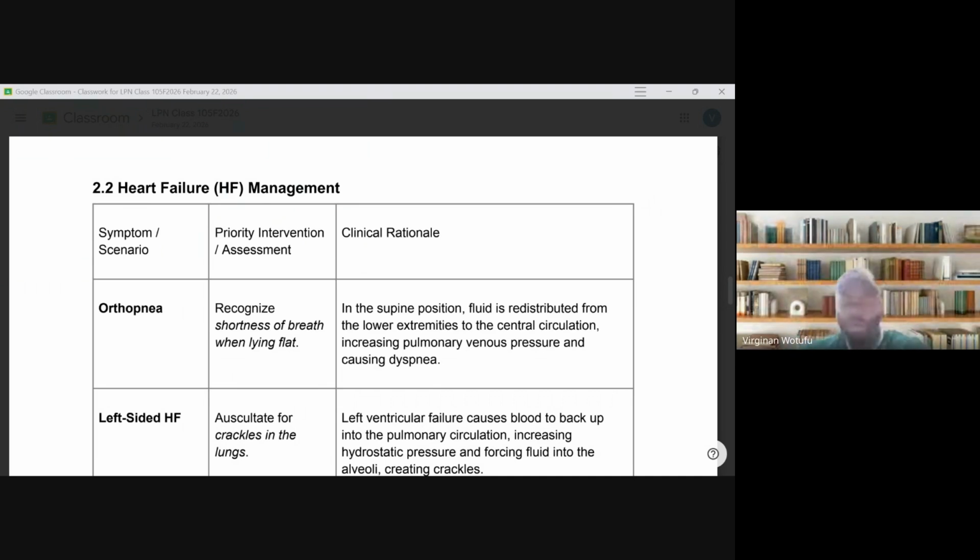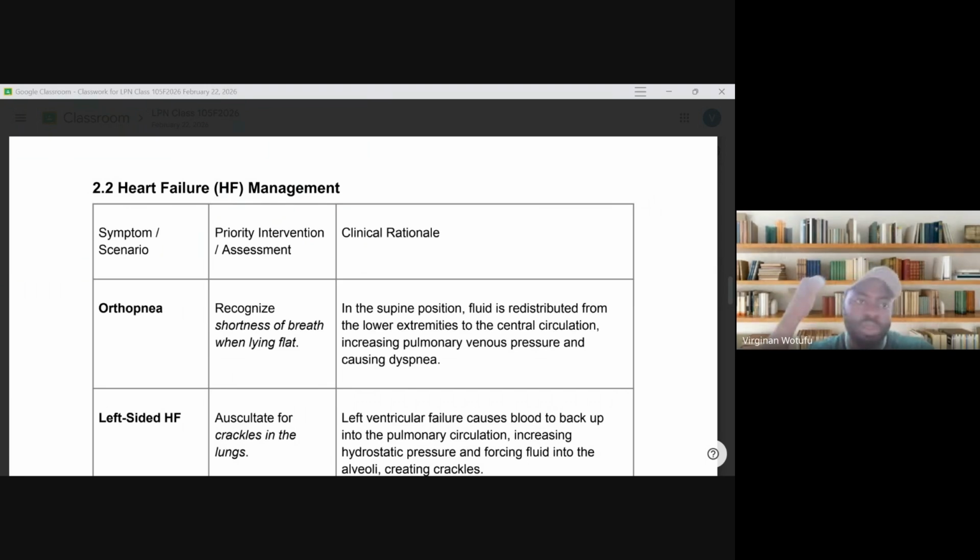And you reinforce patient teaching and assess patient understanding about weight gain to pick up early signs of worsening conditions. So you teach the patient to weigh themselves at the same time every day with the same or similar clothing. That is to get an accurate weight.